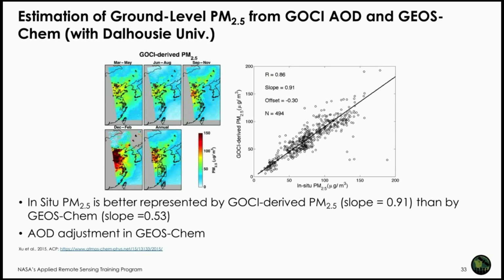This study generates PM2.5 distribution with very high accuracy over Eastern China in each season. We can see low PM2.5 during the spring and summer seasons, and very high PM2.5 during the winter season, December to February.